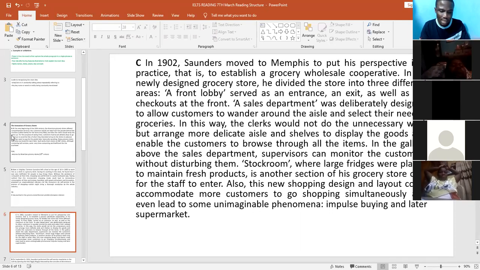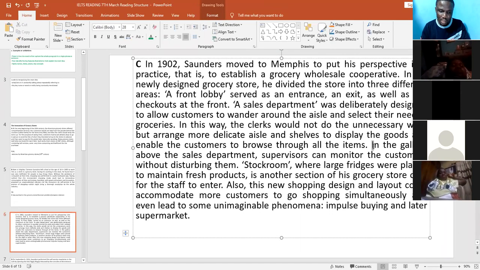Yes, these are explanations that sometimes, when you get the main gist, I ask you to skip. Okay, I skip. In the gallery above, this is the third part. The sales department supervisor can monitor the customer without disturbing them.